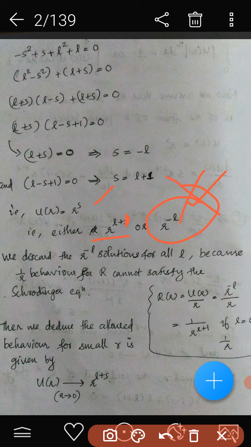We just ignore this one and take this one. So the allowed behavior for small r is given by u(r) is equal to r to the power L plus 1.